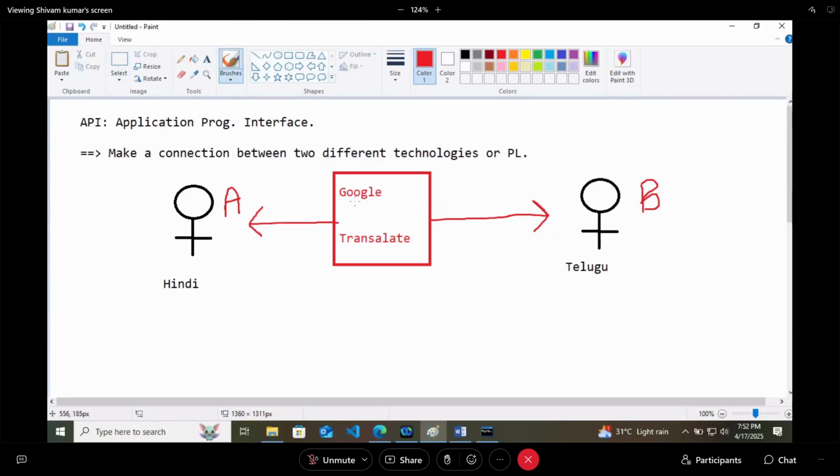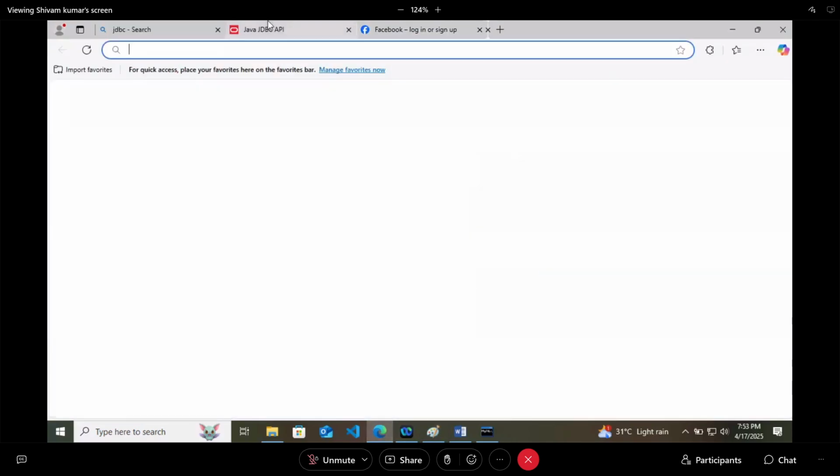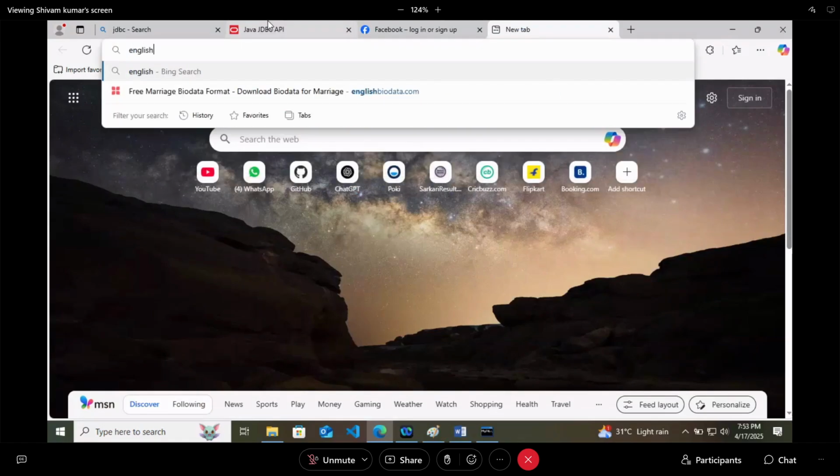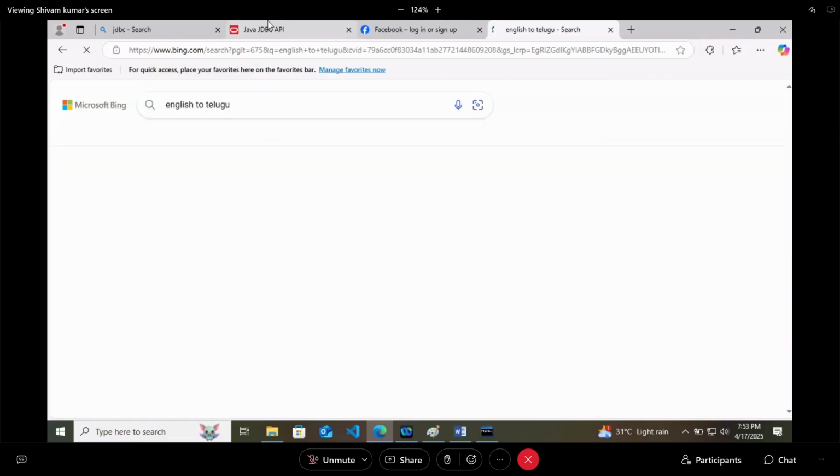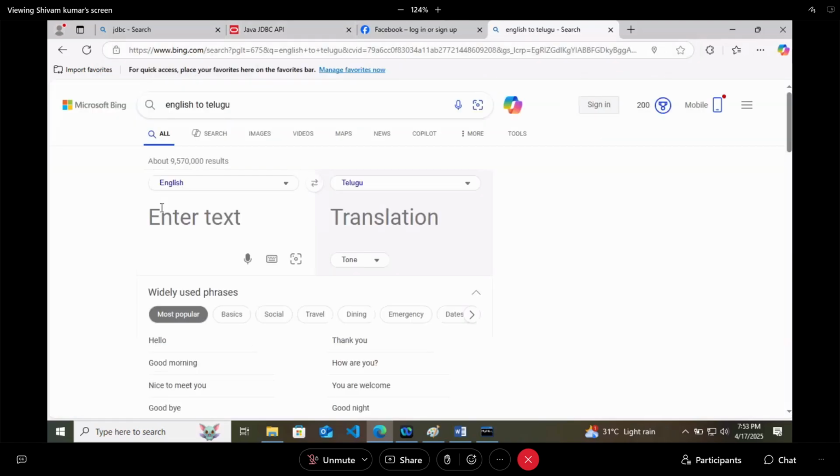So now we can use Google Translate. This Google Translate will work as an interface. We will just see an example of it. Let's say you are converting something from English to Telugu. Just an example. Now this is the interface of Google Translate.